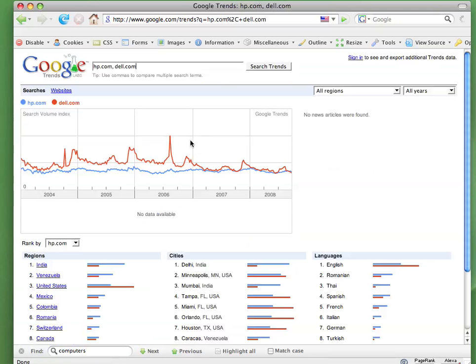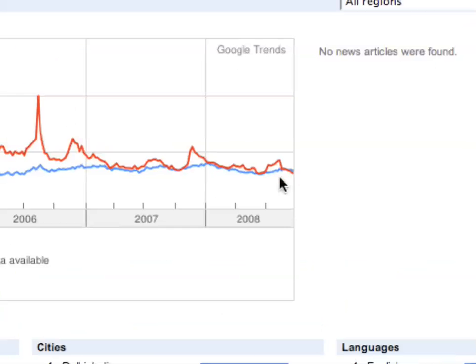And exactly, as you can see, the popularity of HP.com in terms of searches, wow, they're getting really close right there at the end. Actually, HP is a little bit more popular in terms of searches at the end. So it seems like they're doing the right strategies to get there. And if I was Dell, it seems like they're actually losing market share.